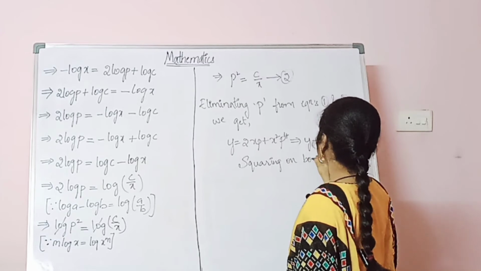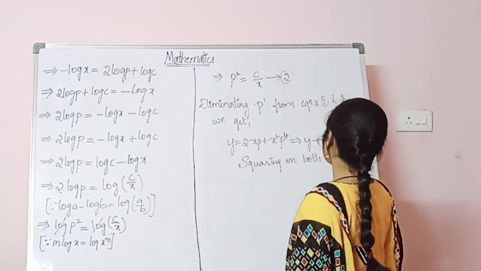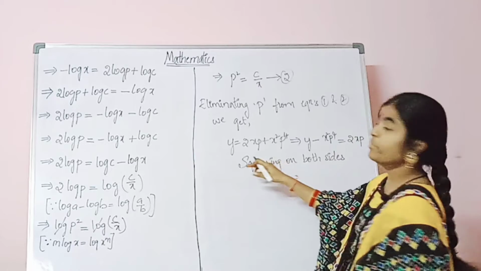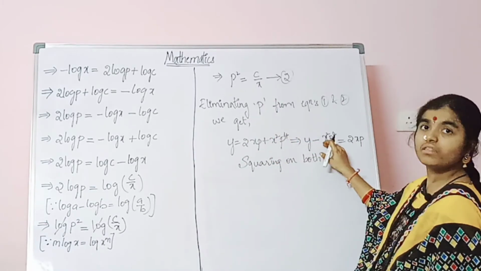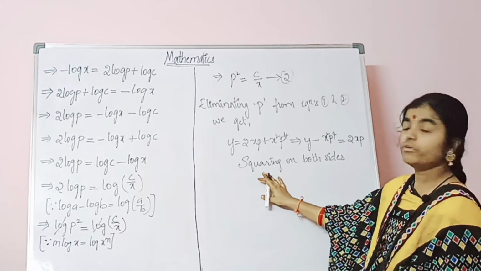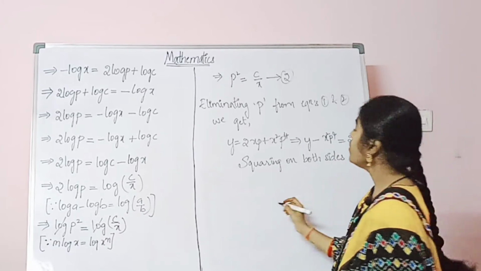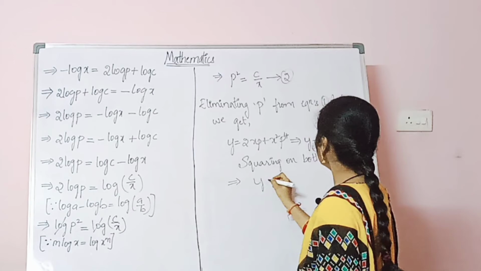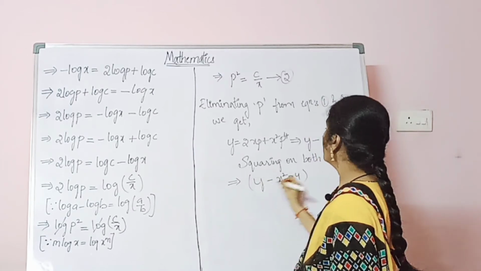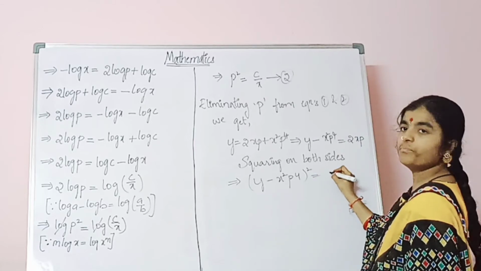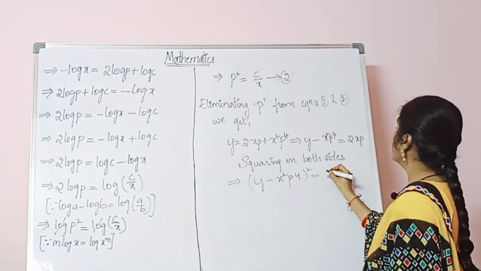Because we have to substitute this p square equals c by x in this equation, for this we have to square on both sides. So that implies y minus x square p power 4 whole square equals 2xp whole square.